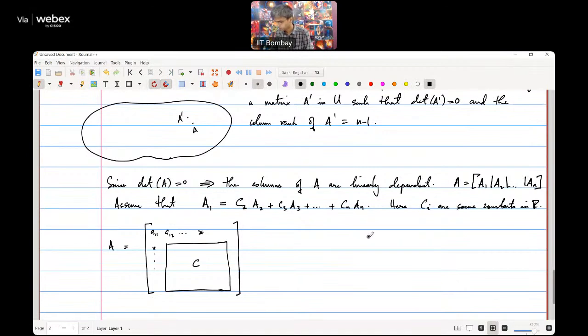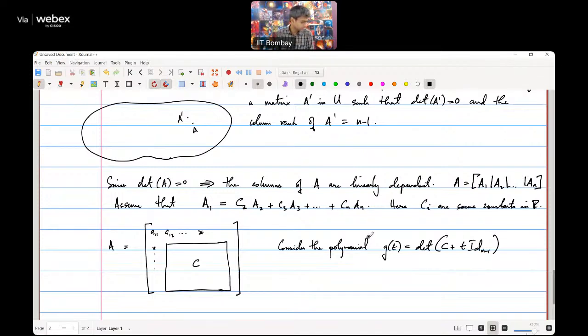What we need to do is consider the polynomial g of t equal to determinant of C plus t times the n-1 cross n-1 identity matrix.